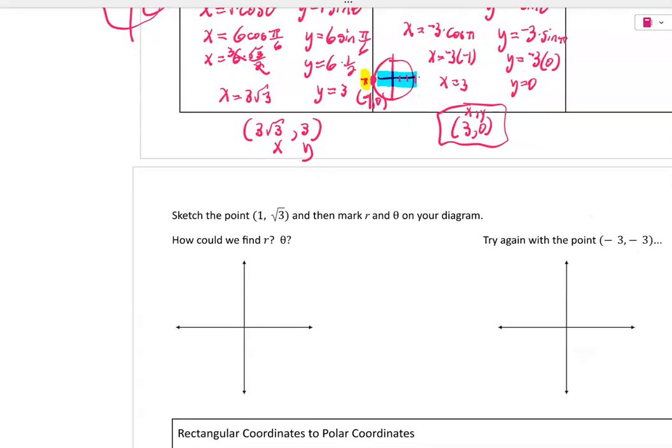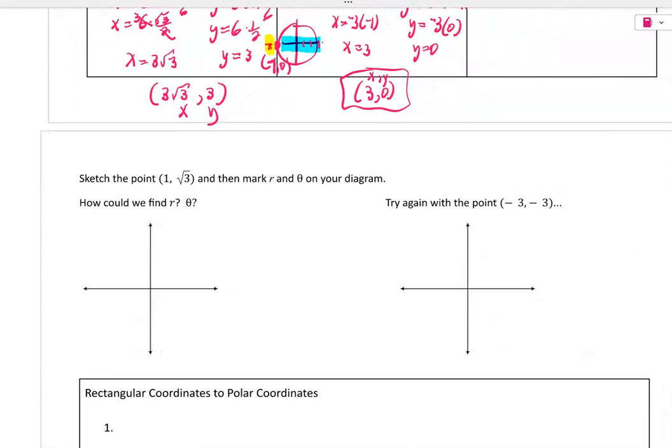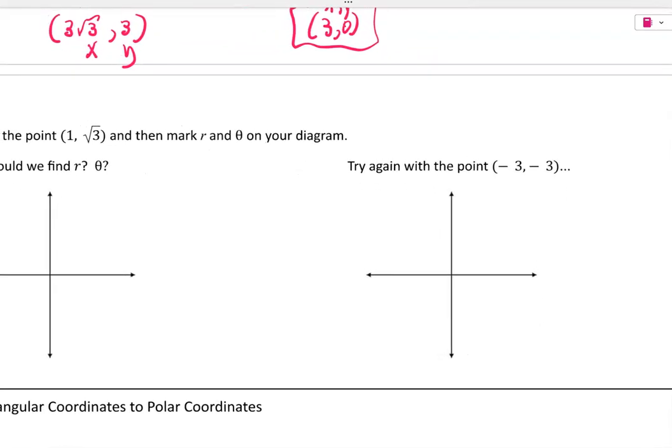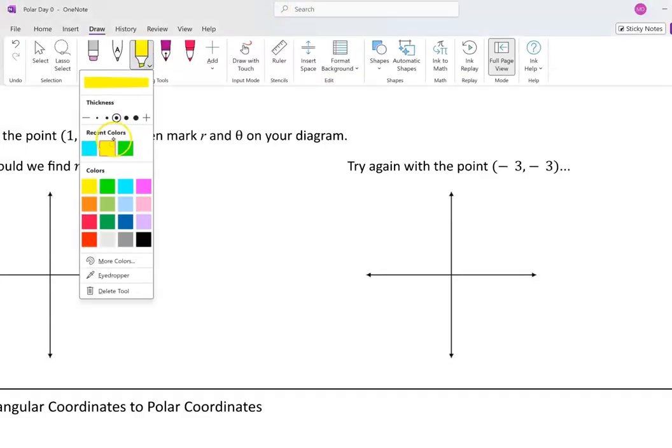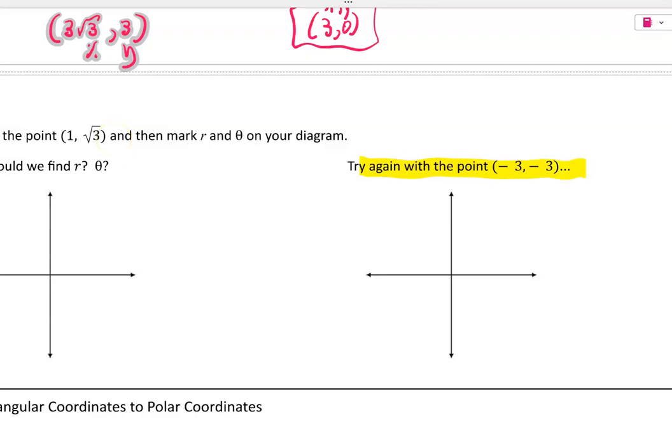Well, let's flip over to our last page. It says sketch a point and then mark it. Tell you what, I want us to actually skip that first example and do this one. And see, we're going to go from rectangular.